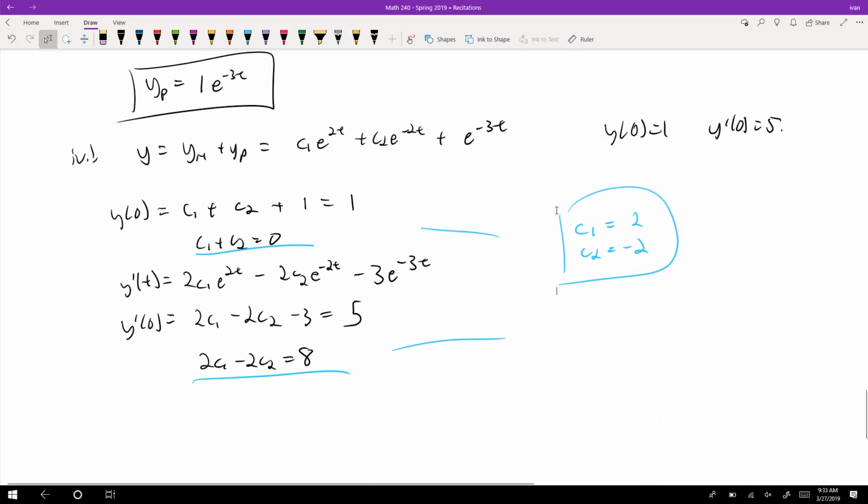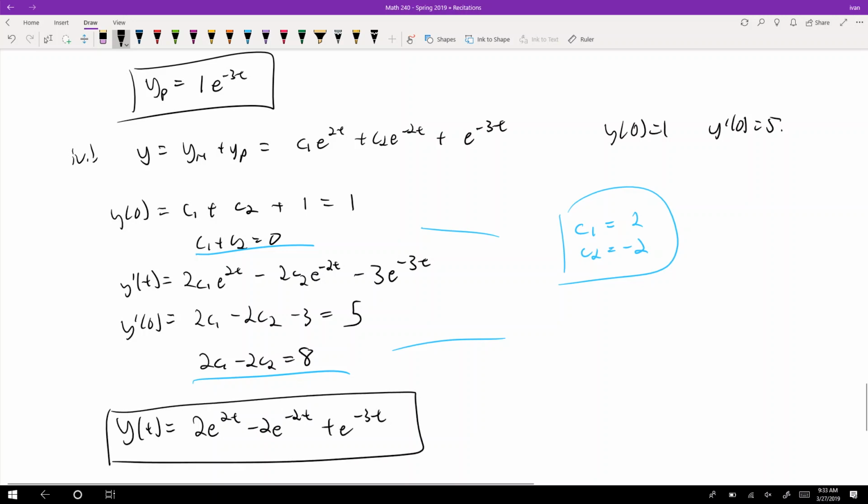And now I can write my final y of t is equal to 2 e to the 2t minus 2 e to the minus 2t plus e to the minus 3t. So there are no unknown constants when I have an initial condition given to me.